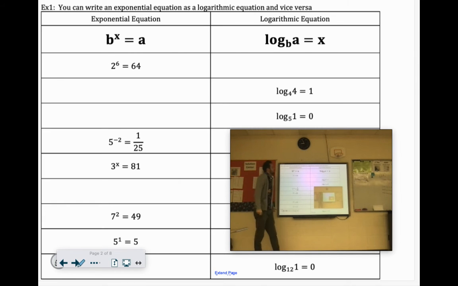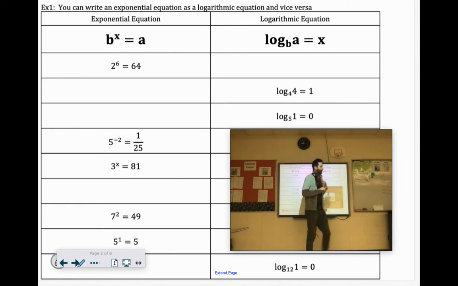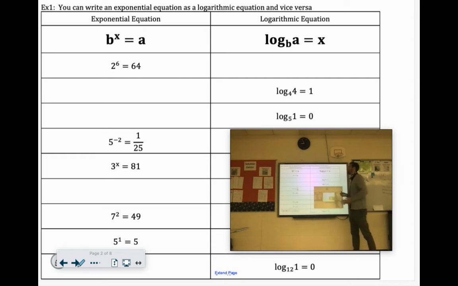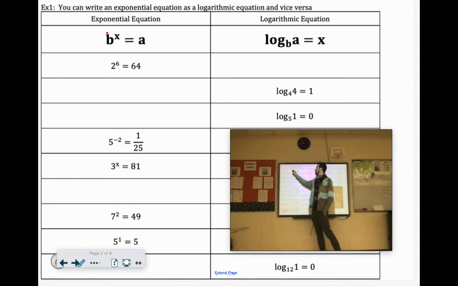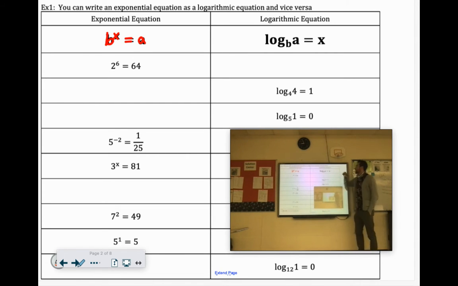Now, we're going to be going back and forth in exponential form and logarithmic form. So to write it in logarithmic form, if you look at the base one, it's always like our base to the exponent equals our answer. In the logarithmic equation, it always starts out with log, and the tiny number right after the log is going to be the base.